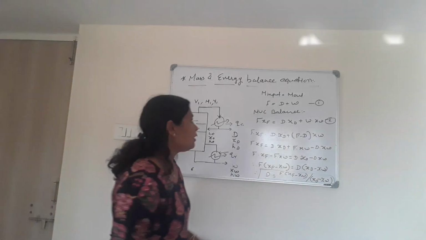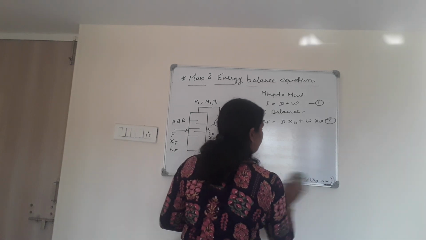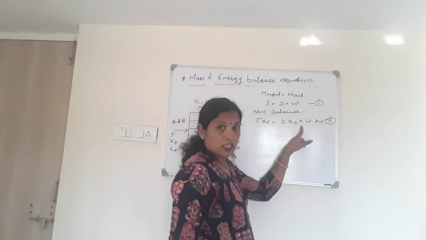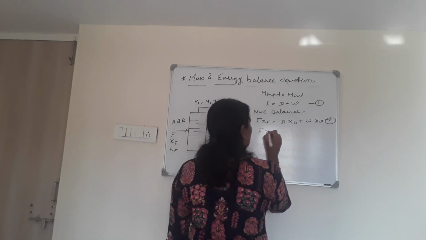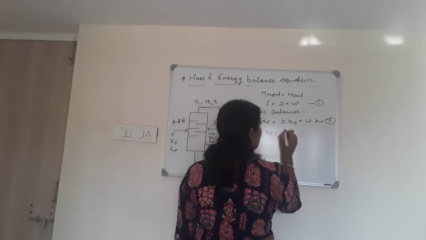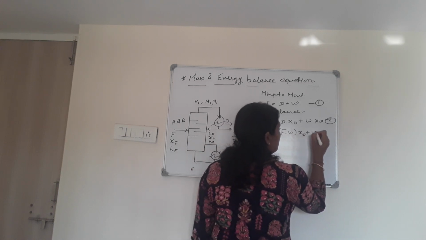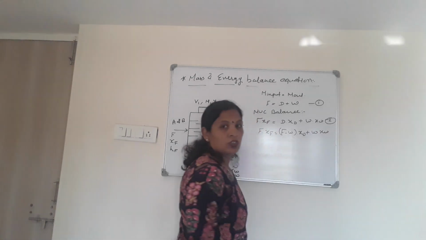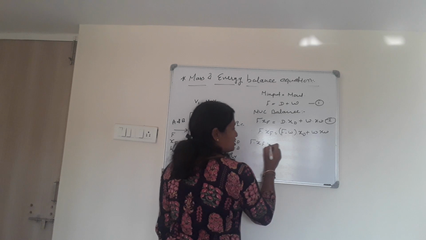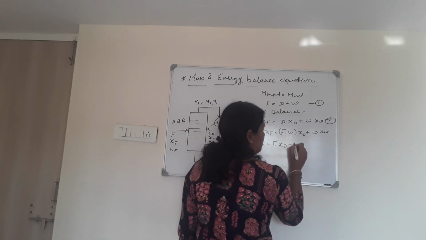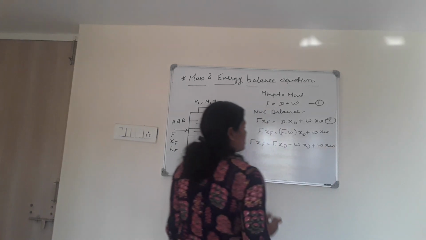Now, if we put the value of D instead of W in the second equation, it becomes F into XF is equal to F minus W into XD plus W into XW. Now if we simplify this equation, it becomes F into XF is equal to F into XD minus W into XD plus W into XW.